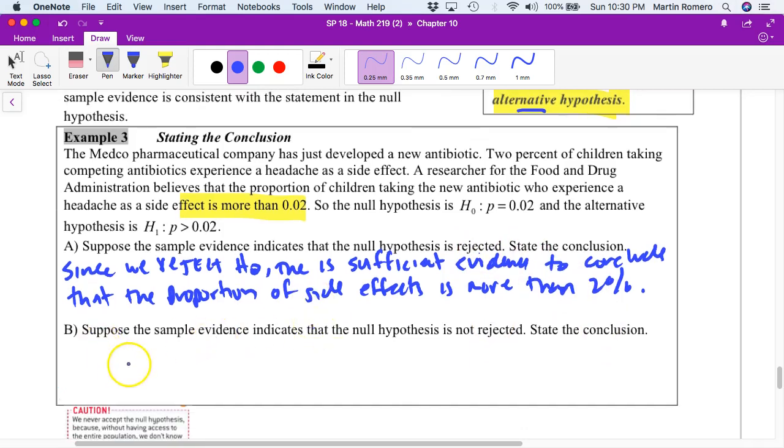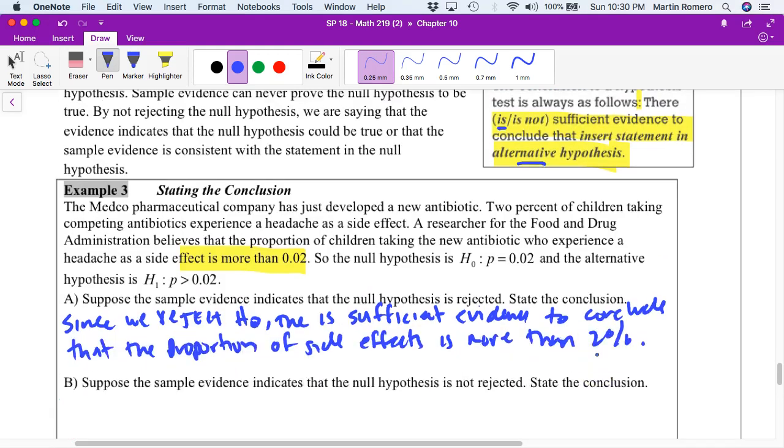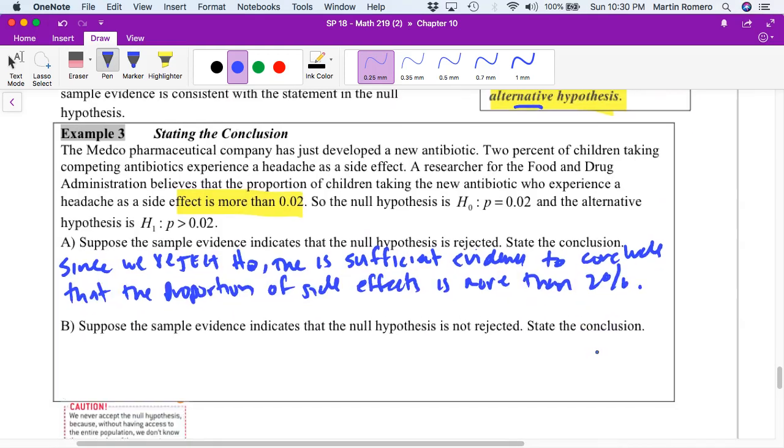Let's say another example. Suppose the sample evidence indicates the null hypothesis is not rejected. State your conclusion. So we're not rejecting.